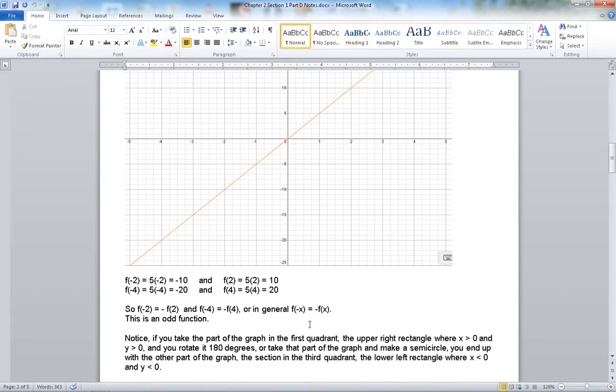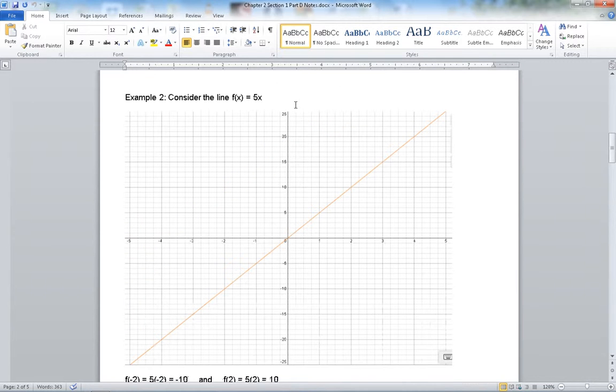Notice if you take the part of the graph in the first quadrant, so if you think of the axes as dividing into four rectangular regions, or what we call quadrants, the top right one is the first quadrant, the top left is the second, the bottom left is the third, the bottom right is the fourth. So we count 1, 2, 3, 4 in a counterclockwise direction.